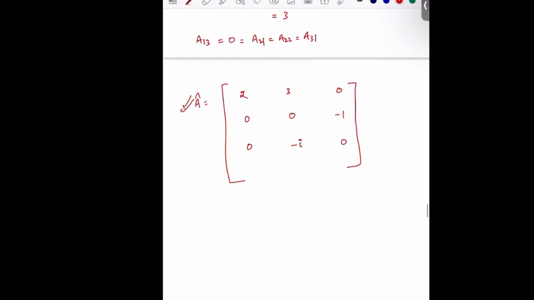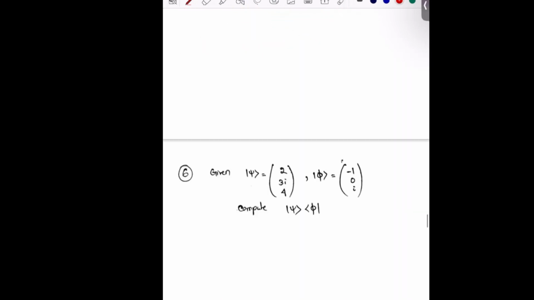So the final expression that you will get is 2, 3, 0, 0, 0, minus 1 and 0. Just check whether you are getting this or not. If you follow the procedure I have followed, then you will get this final form. So this is done.